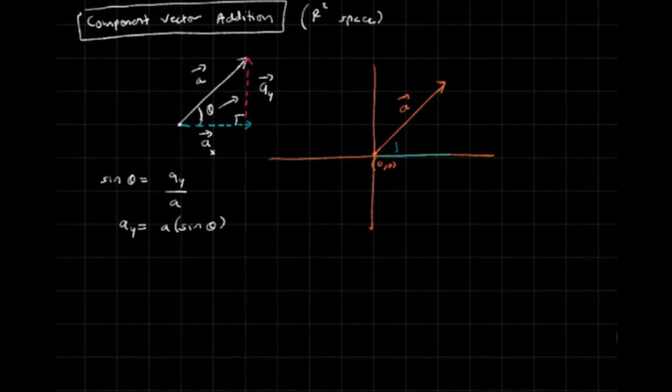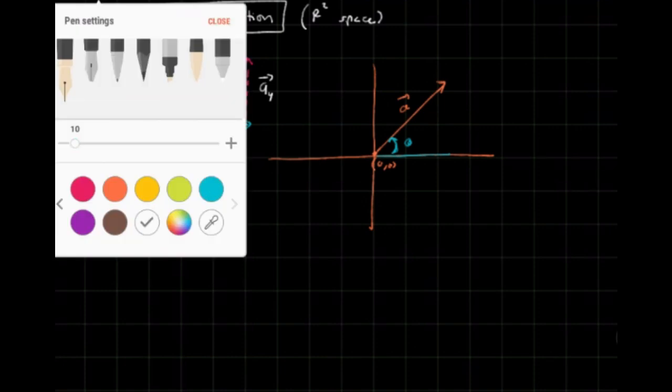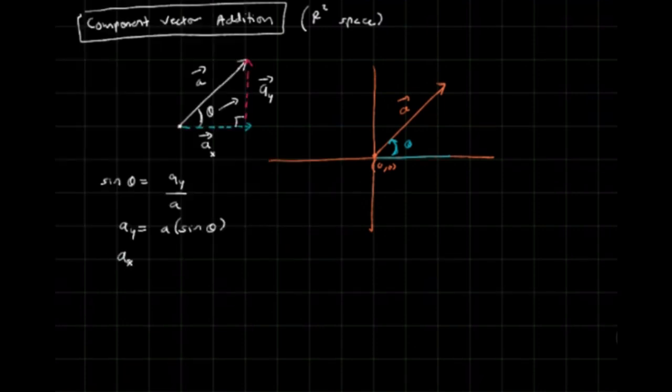So we can look at angles as a positive or counterclockwise rotation from the positive x-axis. Anyways, that's how you find the y component of a particular vector, and the x component, AX, is equal to A times cosine theta, right? Because cosine theta is AX over A.